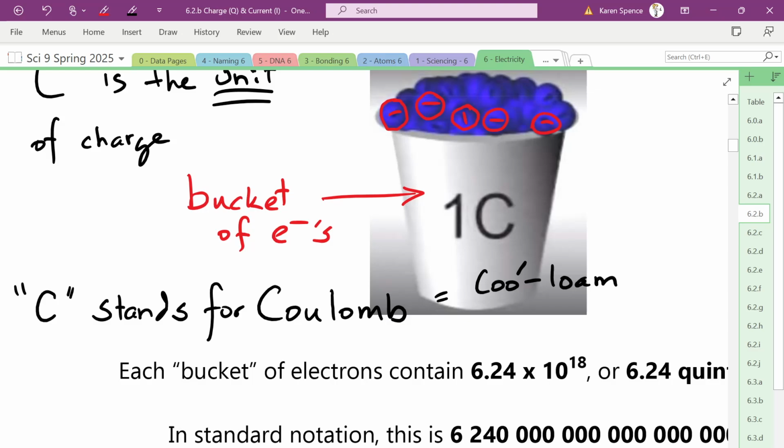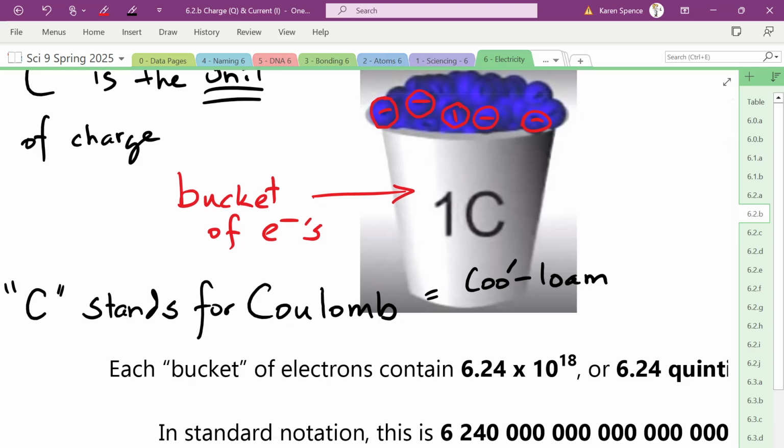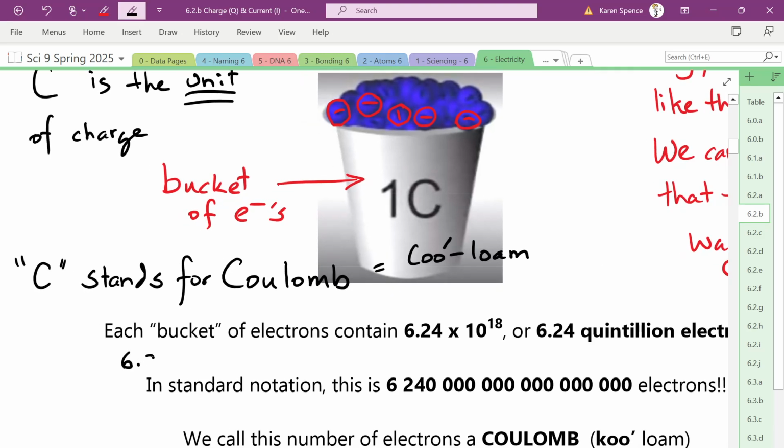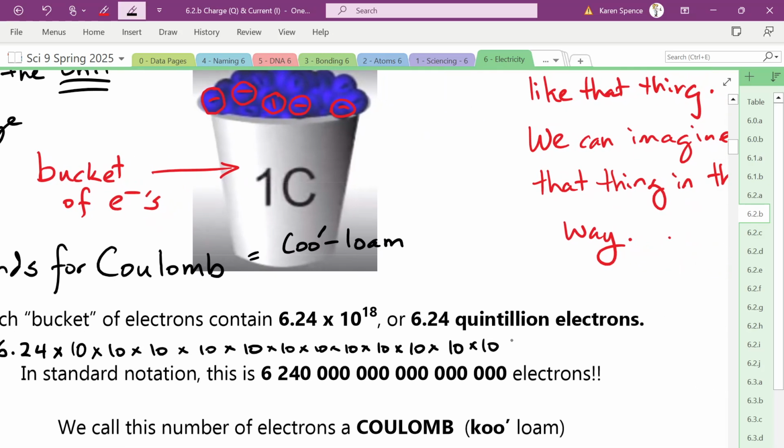Each bucket of electrons, which is 1 coulomb worth, contains 6.24 times 10 to the 18. And if you know anything about scientific notation, you'll know that that means we have 6.24 times, and then we have a 10 with 18 zeros.